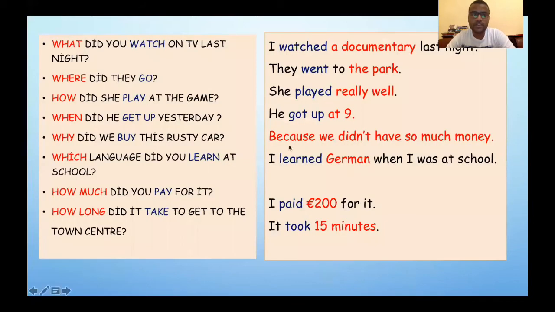For example, we have here many questions and we have possible answers. We can say, what did you watch on TV last night? I watched a documentary. Where did they go? They went to the park. Okay, they went to the park means that in answers we are going to conjugate the verb.